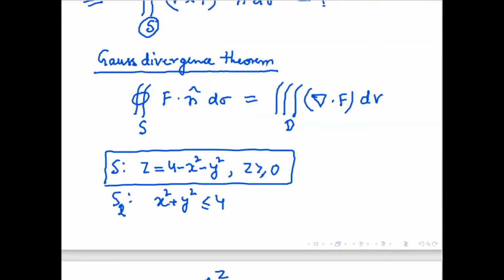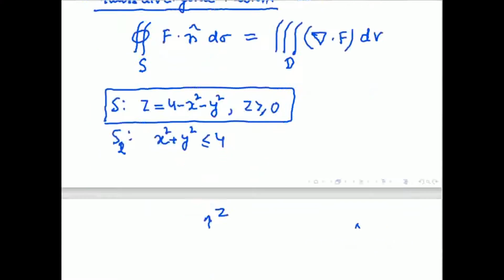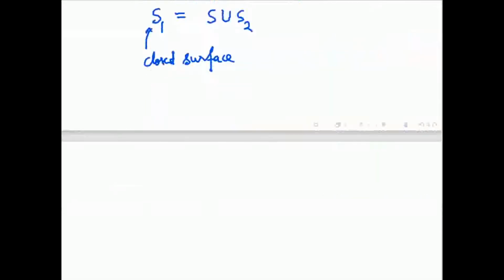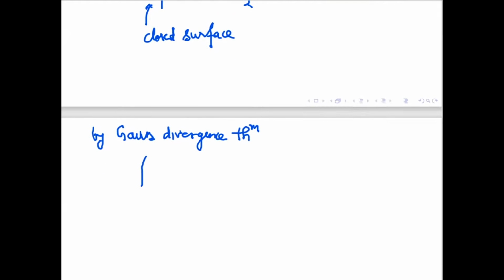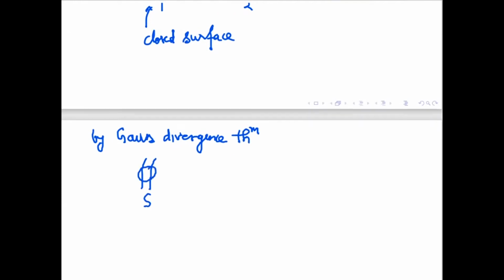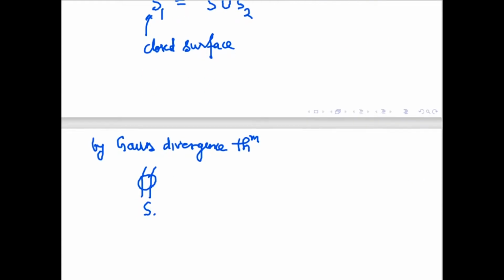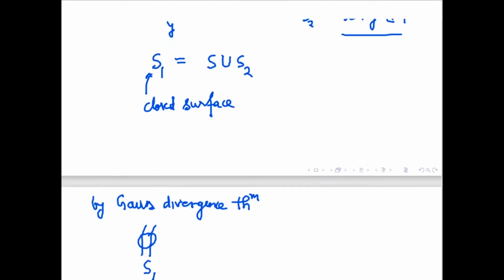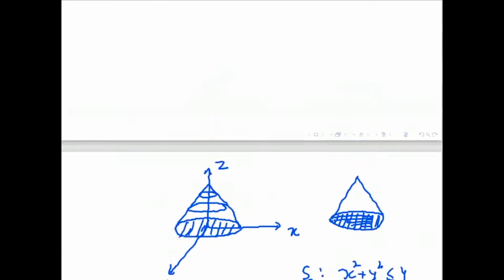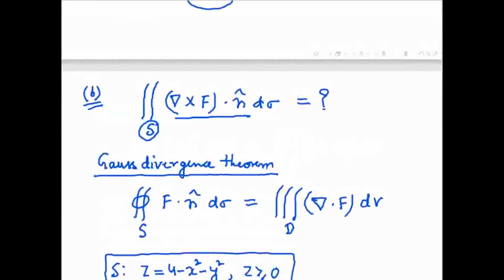Over this surface S1 we can apply it, because S1 is closed. By Gauss divergence theorem, the integral over this closed surface S1, which is the union of S and S2. In this question we have to calculate the curl.